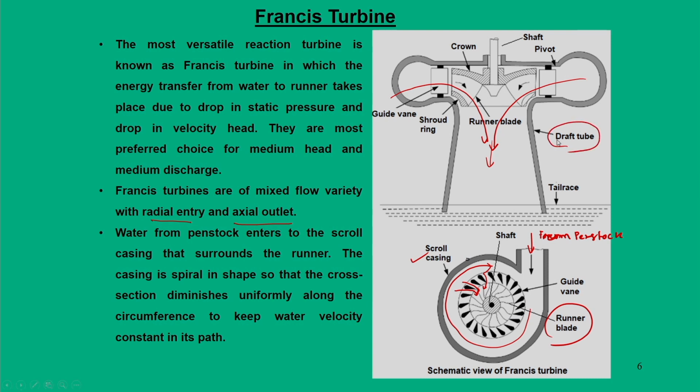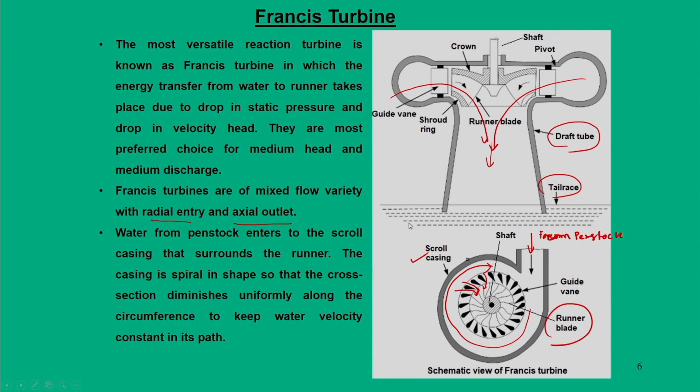Since the Francis turbine is controlled through the pressure difference because it is a reaction turbine, in order to have a smooth passage of water and maximize the energy available from the water, it has to pass in a controlled way through this draft tube to the tail race. Tail race is nothing but a discharge point of water.